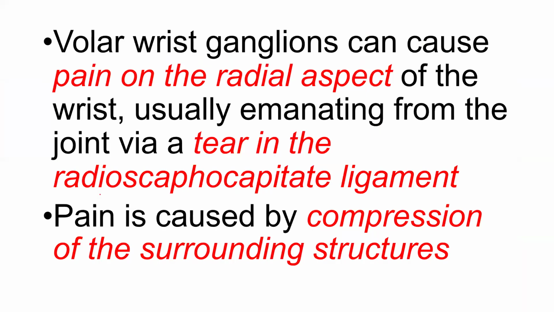Volar wrist ganglions can cause pain on the radial aspect of the wrist, usually emanating from the joint via a tear in the radioscaphocapitate ligament. Pain is caused by compression of the surrounding structures.